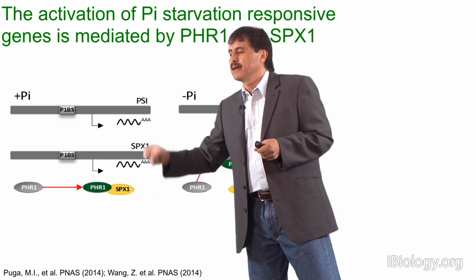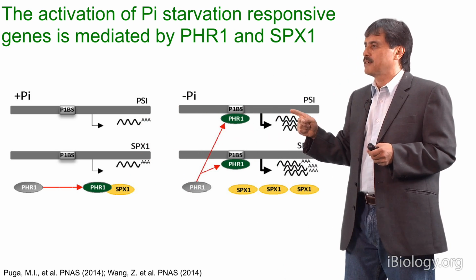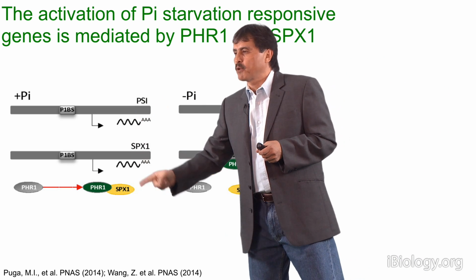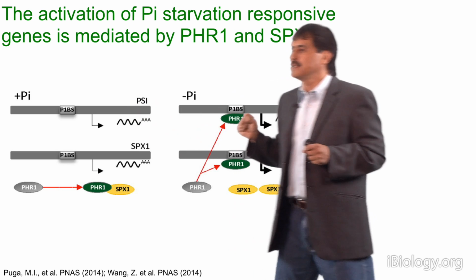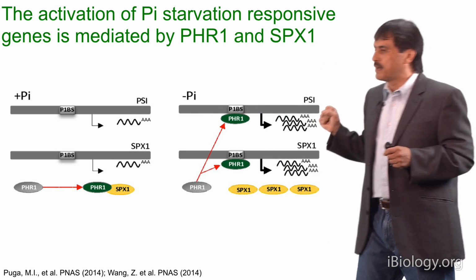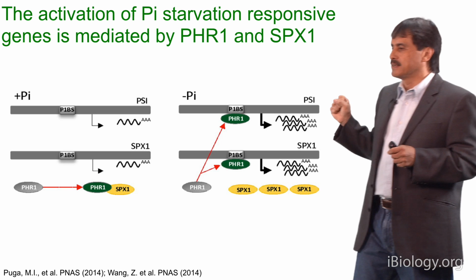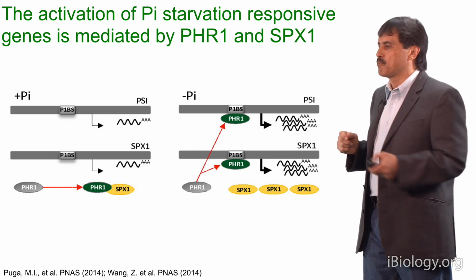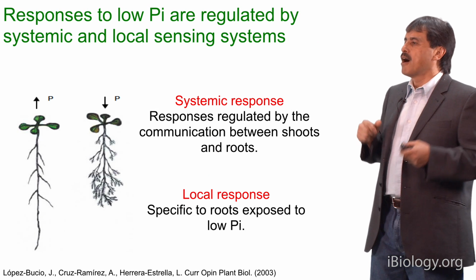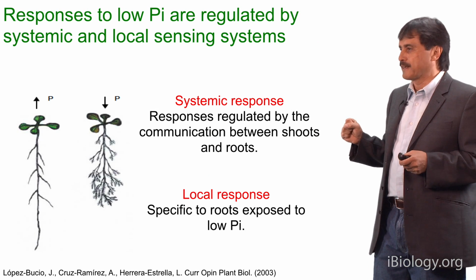Low phosphate, no complex, transcriptional activation. High phosphate, the complex is formed, and then there is no activation. This system was reported by the laboratories of Javier Paz-Ares and Ping Wu in Spain and China, and it makes significant progress in our understanding of how these mechanisms are activated.